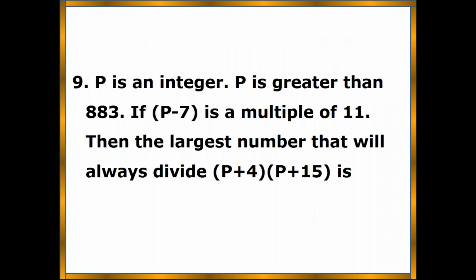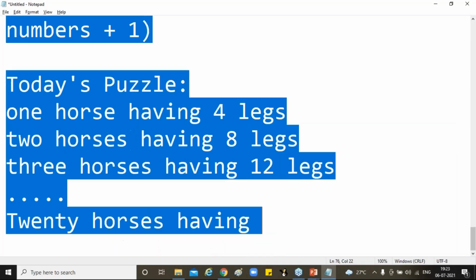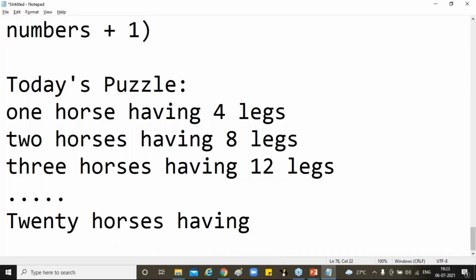Please revise again, but don't forget to give the answer for this one. Anyone got the answer?